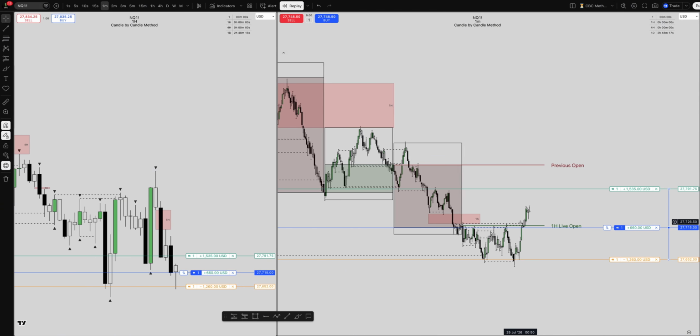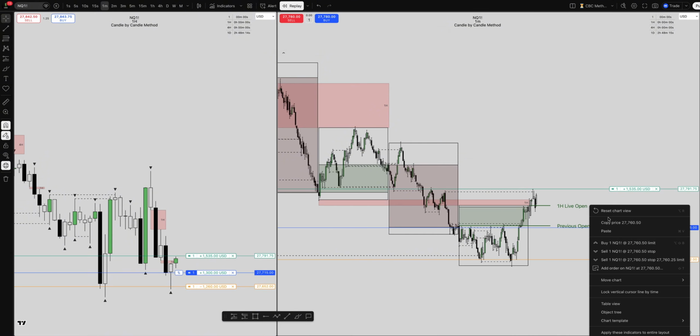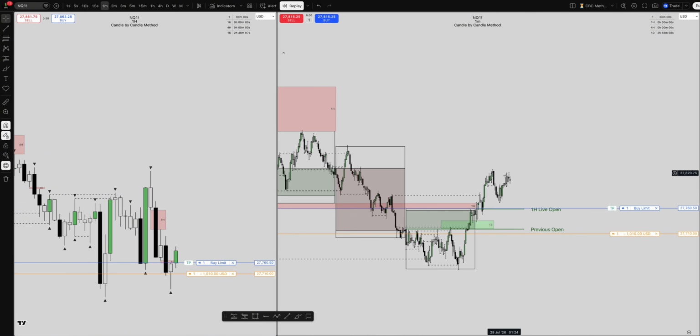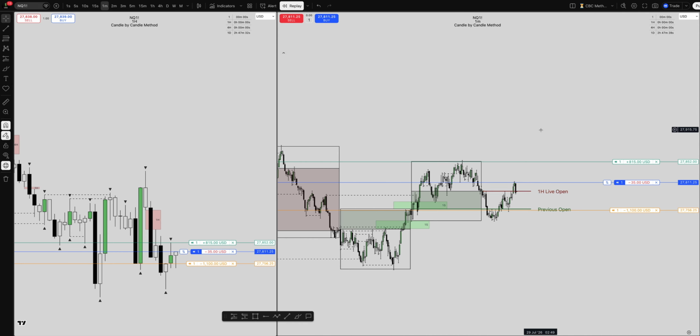Try to target these equal highs. And it's respecting the open as well. Let's see if it came straight down. Are we going to this? Okay. If it closes above the live open, I would go long. And target this easy liquidity once again, right?